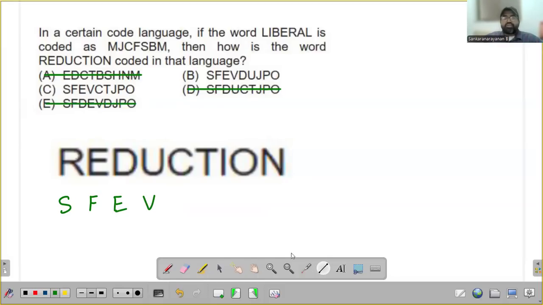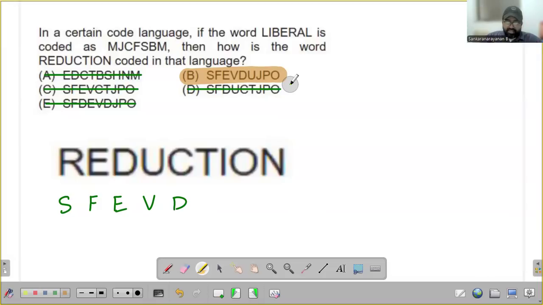Okay. Now see this SFEV. The next letter C will become D, plus 1. Okay. So we can see that here SFEV D should come. C can thus be eliminated. Just by checking these 5 letters, I can see that as far as our question is concerned, option B is going to be my answer choice.